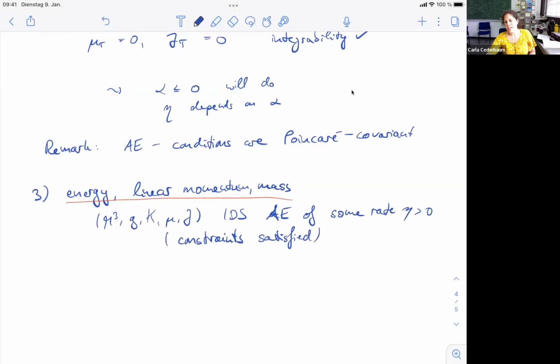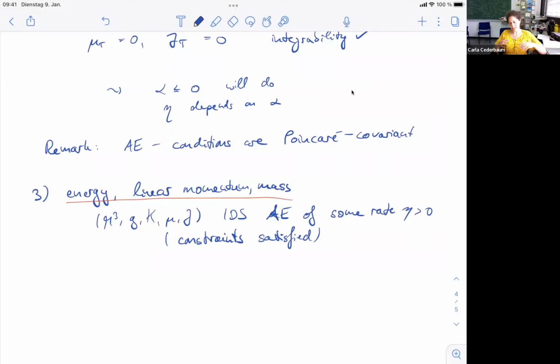And now what I want to define is the asymptotic energy, so total energy of this whole initial data set, and the total linear momentum of this whole initial data set, and the total mass of this whole initial data set, in a way that in some vague sense, they correspond to energy, linear momentum, and mass as we understand it from special relativity. So that we have some energy momentum flow vector, and the length of it is the mass, and it transforms covariantly under the Poincare group.